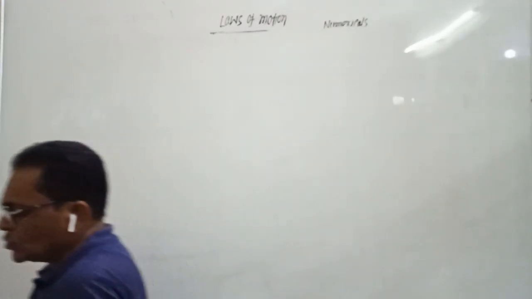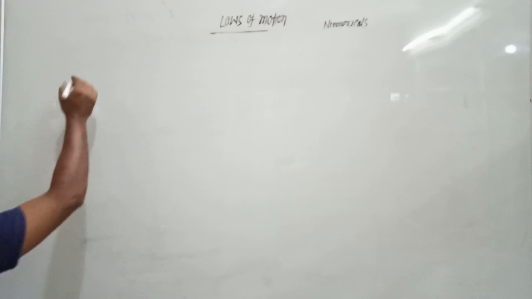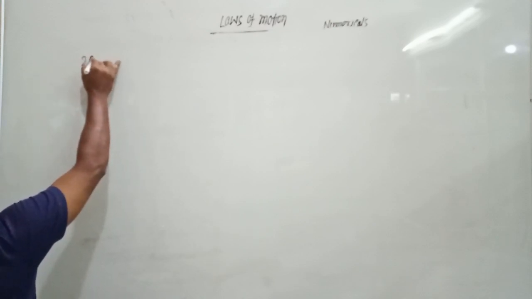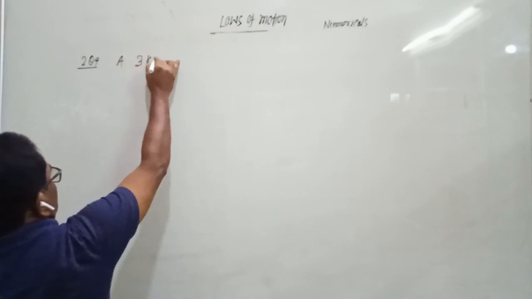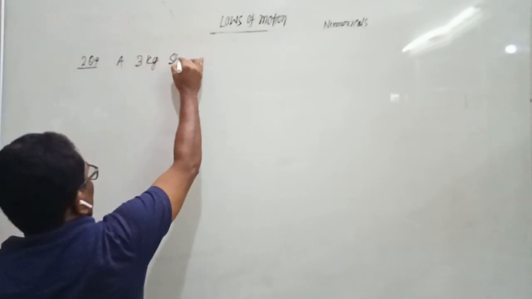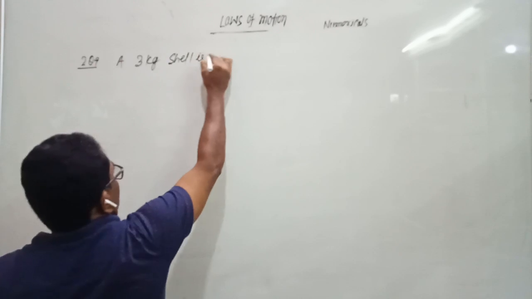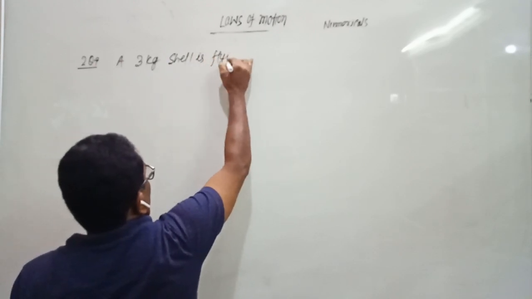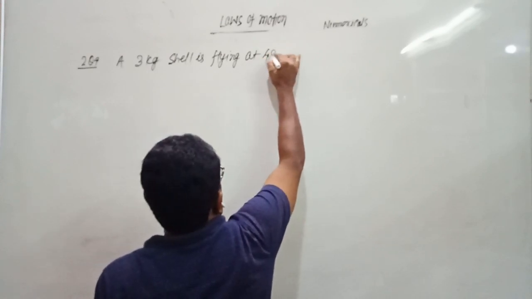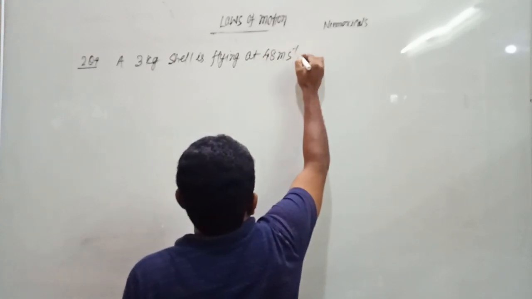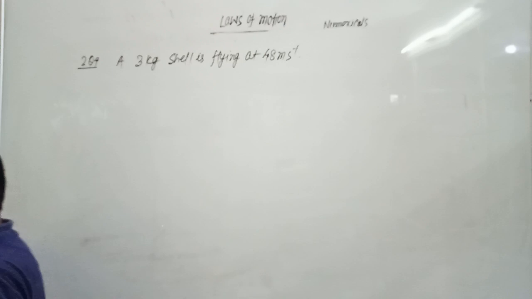Then question number 2. A 3 kg shell is flying at 48 meters per second. The mass and velocity of the shell are given.